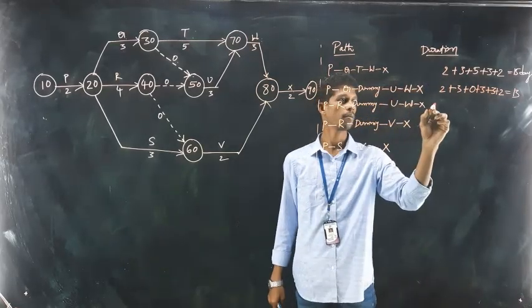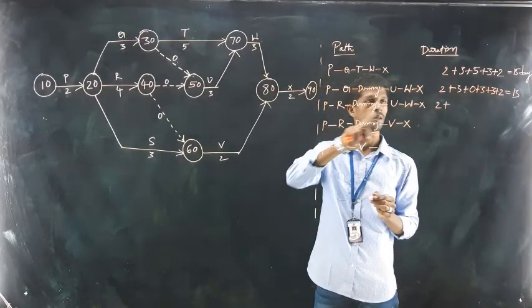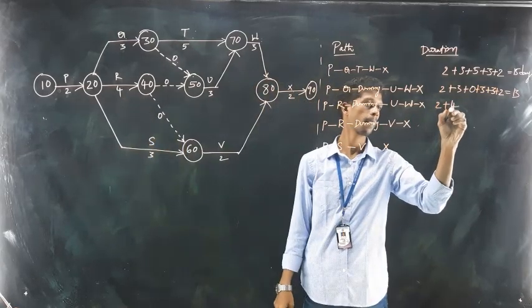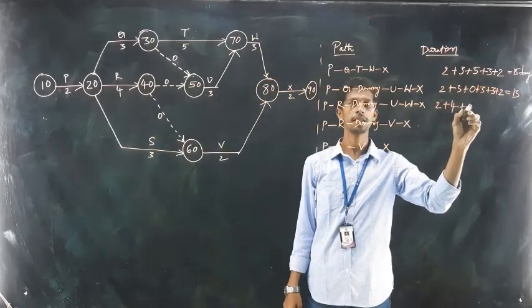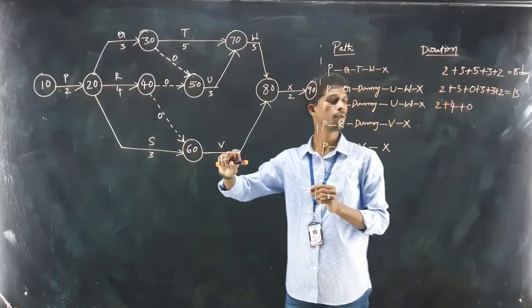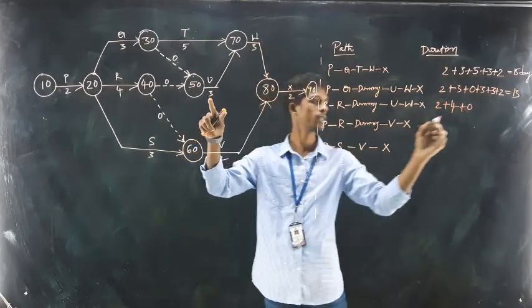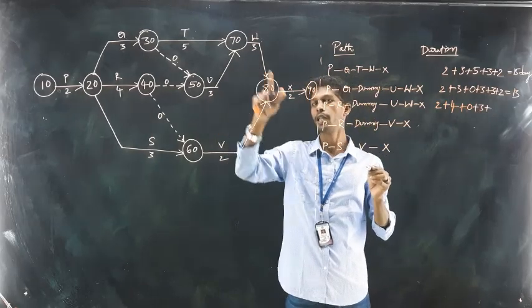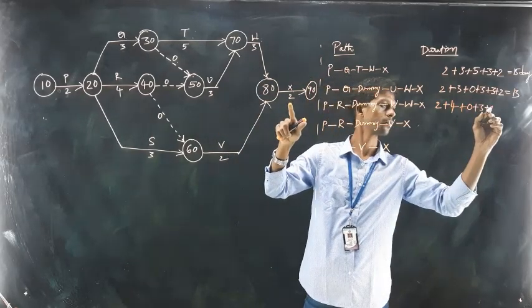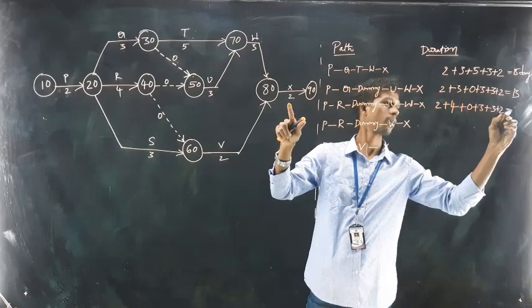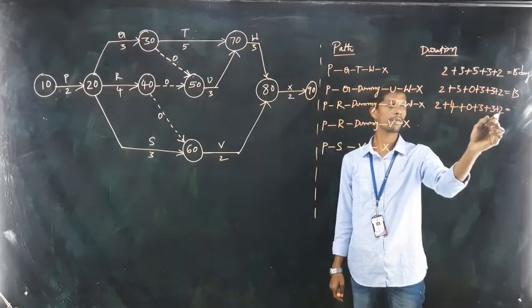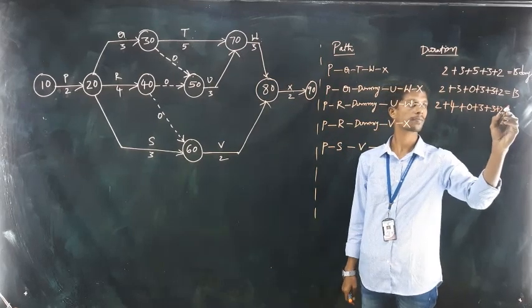Next, P carries 2 days and R carries 4 days, plus dummy 0, and U W X with 3, 3 and 2. So 6 plus 6, 12, 14 days.